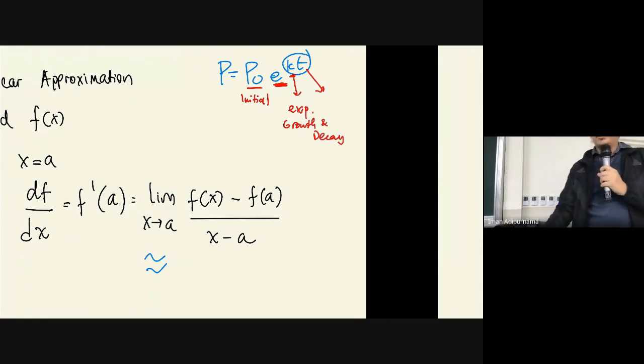It can also be used for radioactive decay, so we can look at how the mass of the substance gets reduced. I hope you understand the concept. Basically, what you need is this relation.